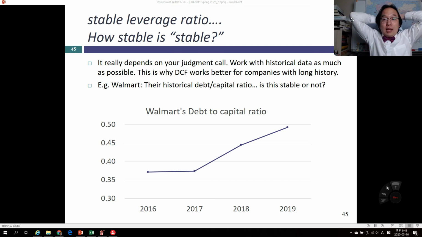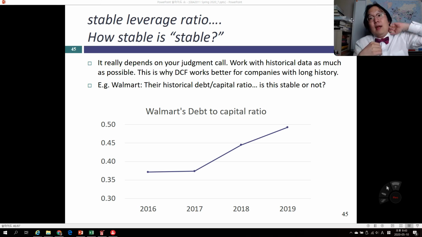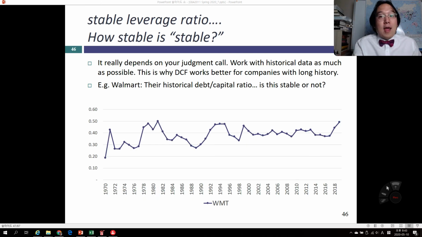If I go back 4 years in history, here is Walmart's debt to capital ratio, 37%, and then it has been increasing all the way up to 50%. Whoa, seems like it is increasing like crazy. Is it an unstable leverage ratio so that you would not be able to use FCFE? Hold that question.